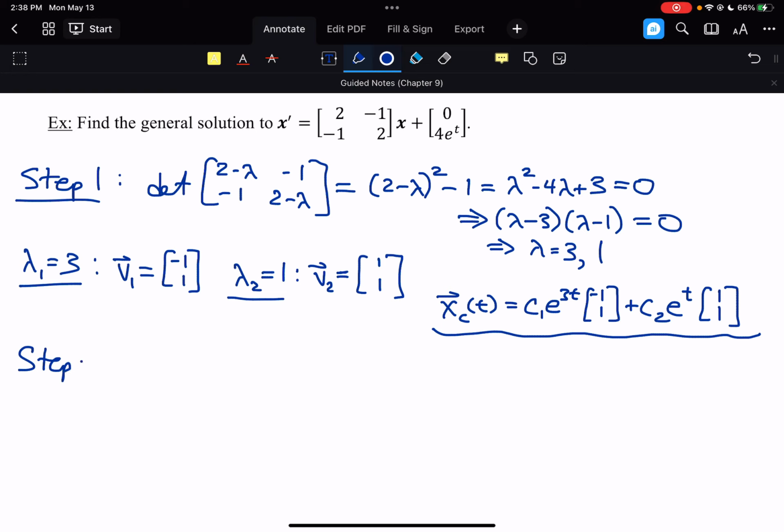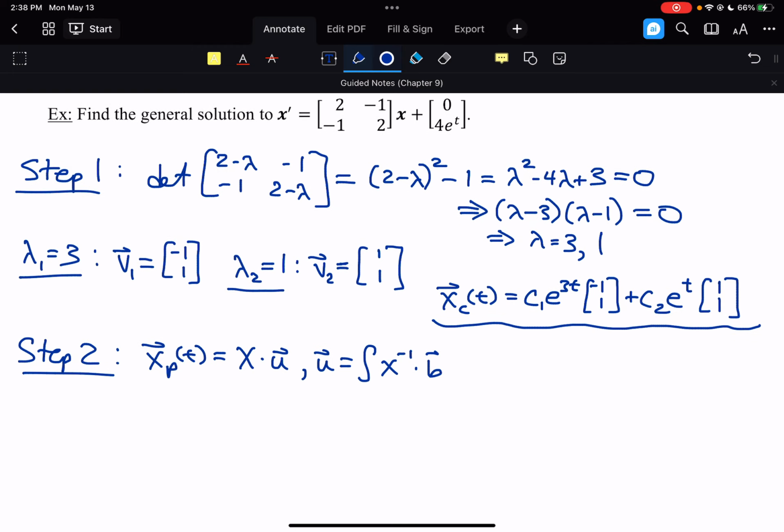Now, for step 2, we need to find our particular solution, xp. That's going to be the fundamental matrix X times u, where u is the integral of X inverse times b. So we need to first get the fundamental matrix that we can then invert.